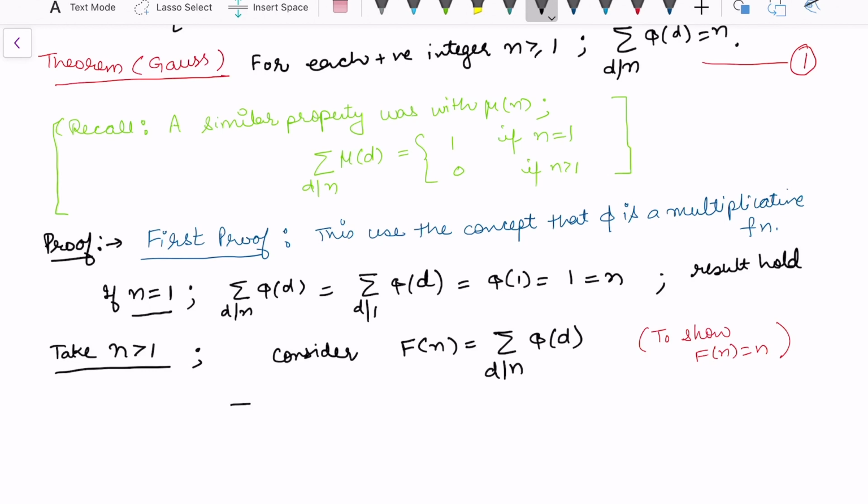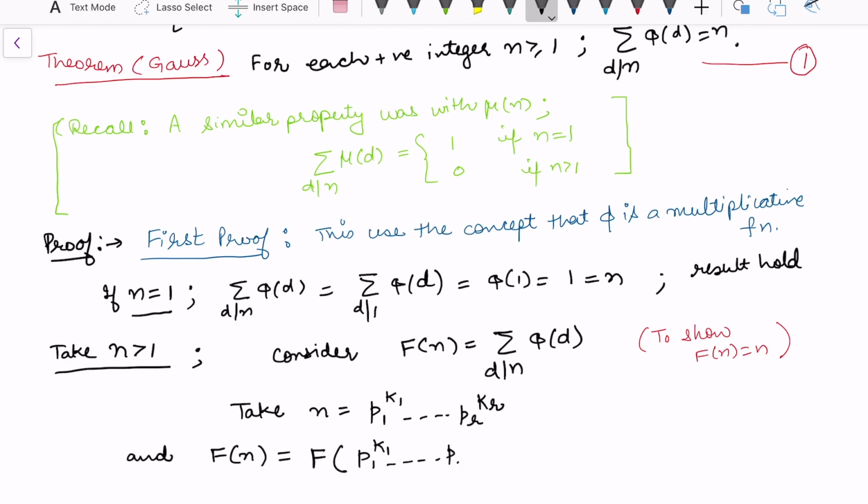Now how do we prove it? Because n is any positive integer, take n in its canonical form, p1 to the power k1 up till pr to the power kr, that's the canonical form representation. Now if I write F of n, it will become F of p1^k1 up till pr^kr. This is the same as F of p1^k1 up till F of pr^kr. Here I have used the concept that F is multiplicative.